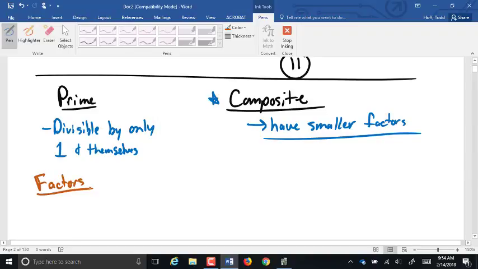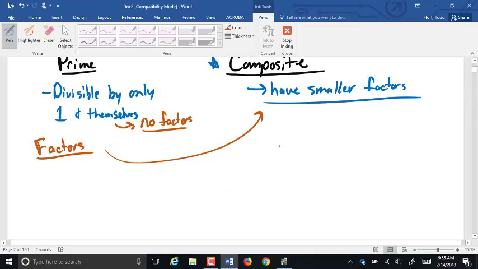Factors are smaller numbers that make up those larger numbers. So obviously prime numbers have no factors because we don't count itself and 1. Composite numbers, of course, have factors, have smaller factors.